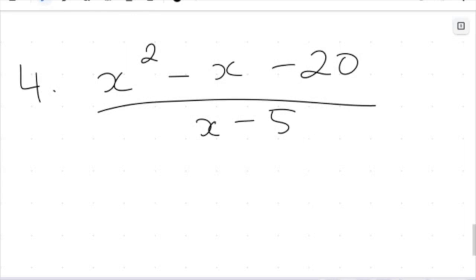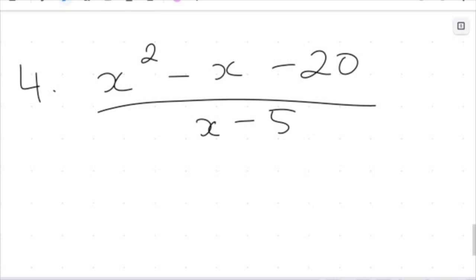Okay, so as we talked about before, we have these quadratics on the numerator, and we want to see if we can break this up into some kind of product, because that's going to allow us to make these algebraic fractional cancellations.